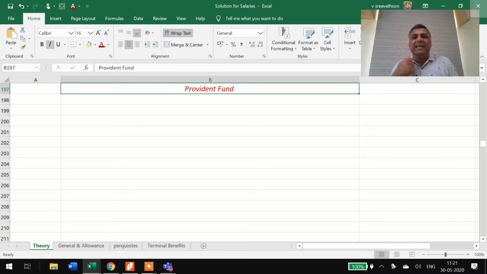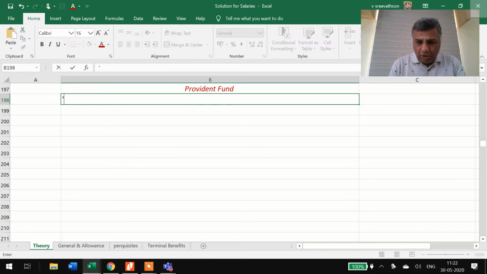Fund credits interest, and at the end, it can be retirement or resignation, at the time of leaving employment, the employee will get a lump sum so that he can be better off. This is known as Provident Fund. This is a compulsory savings scheme.